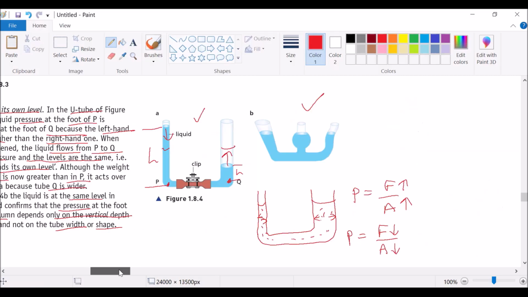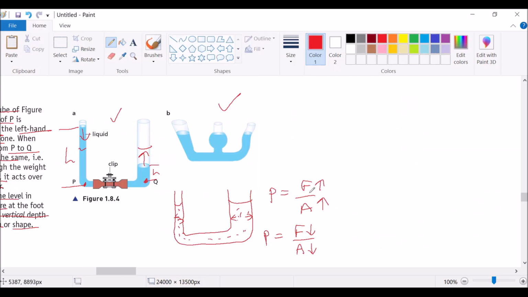So let's now consider numbers. If we have pressure, force over area, force being 20 newtons over an area of, let's say, 10 square centimeters. And here on the smaller tube, we have force being 10 newtons and the area being 5 square centimeters.